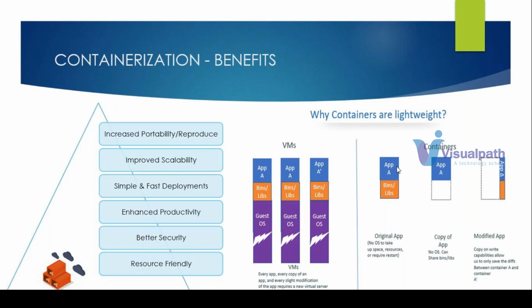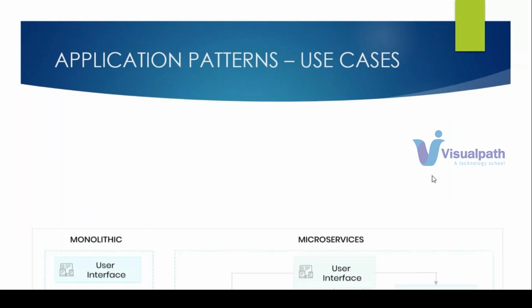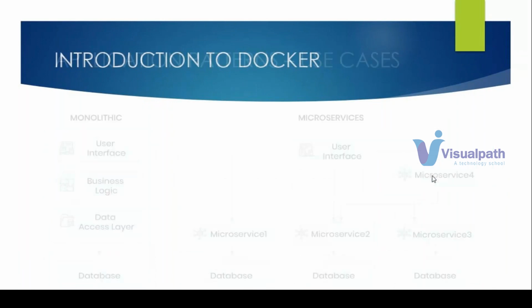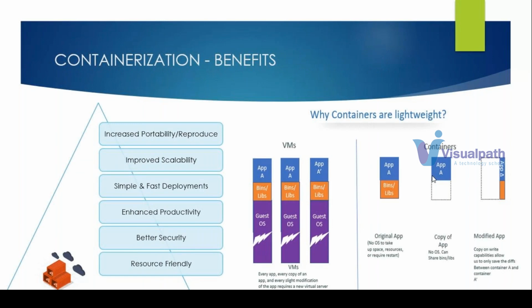Whereas in case of container, you can see application A and binaries and libraries are there, and then we can simply create the container for application A on top of that. There is one more slide, which I will cover later on, about the changes we are applying in the Docker itself.